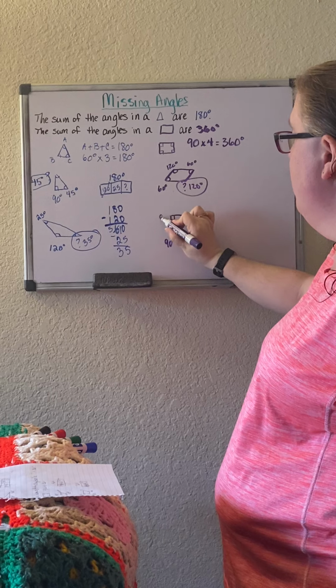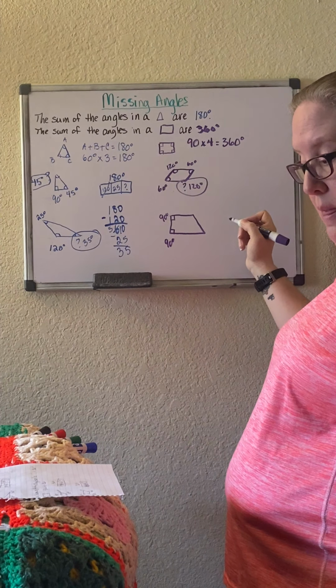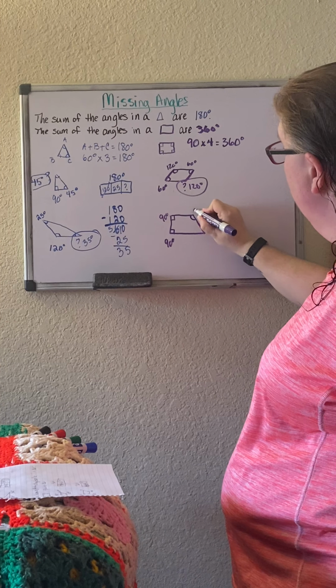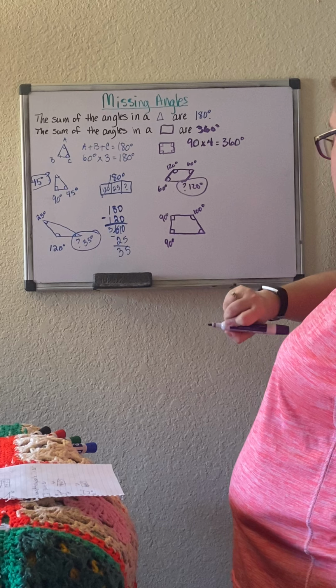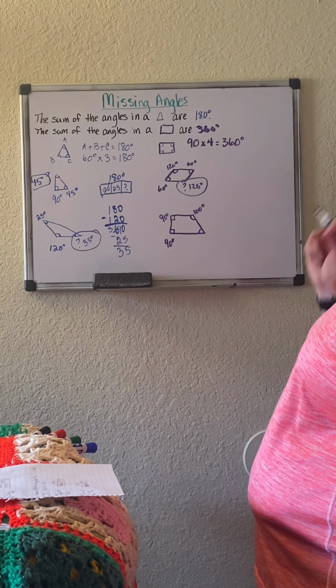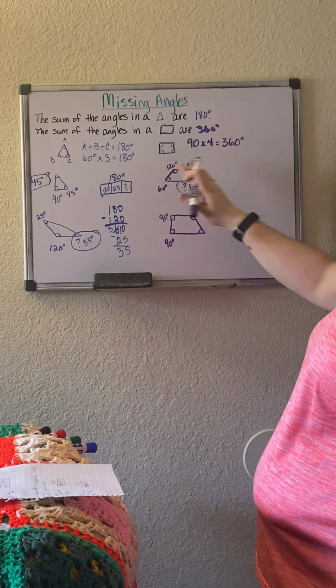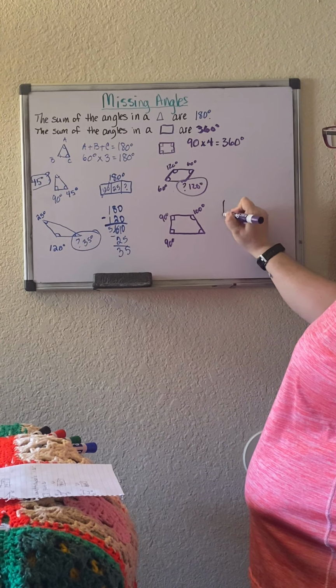This one is also 90 degrees. This angle is 100 degrees. So we are trying to find that angle. I'm going to use a strip diagram like I did up here and like I did over here with these triangles. So draw my strip.